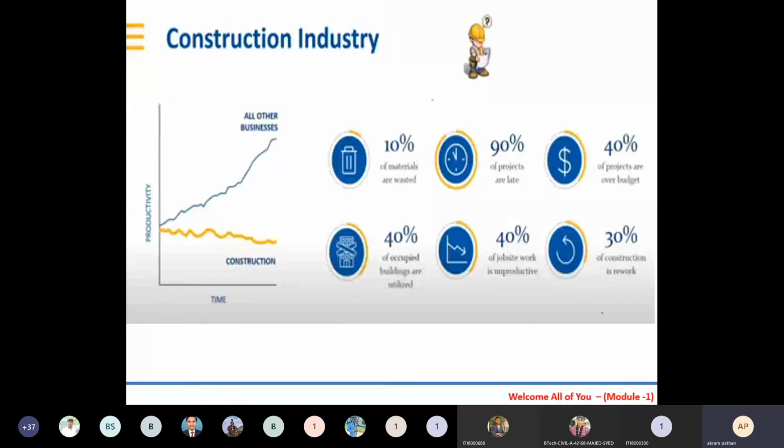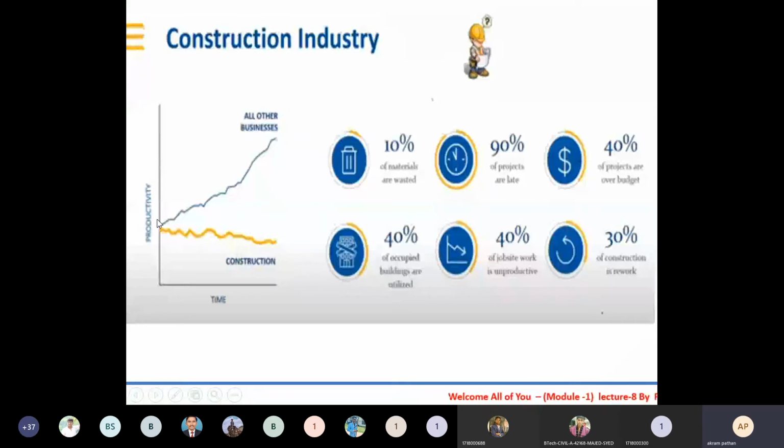We have seen a number of equipment, we have calculated the cycle time, then output, and we have also seen various machinery required for various work. This particular slide is very important in showing the construction scenario, how we are going down in the construction industry.